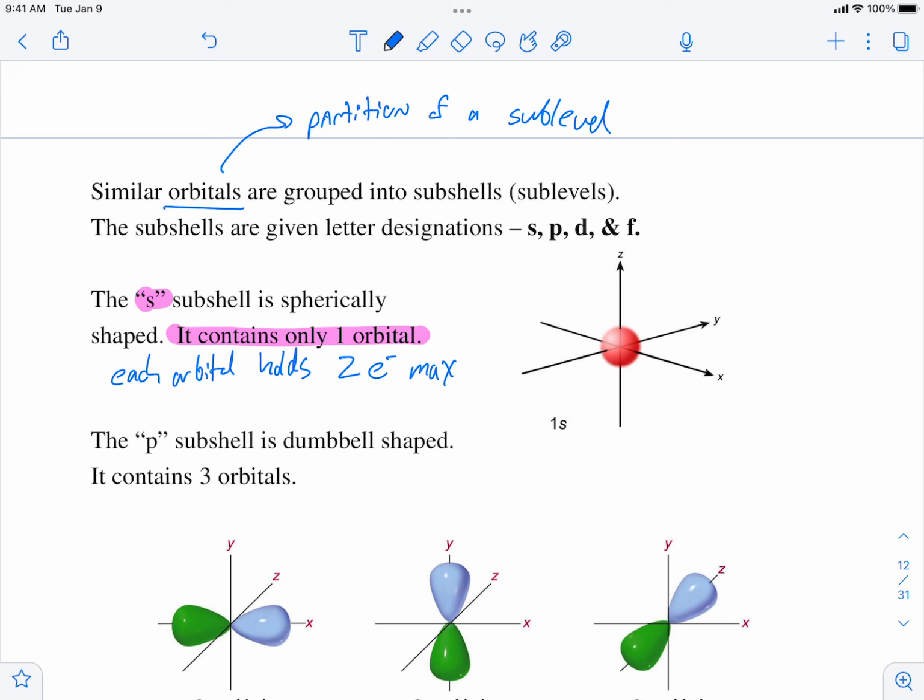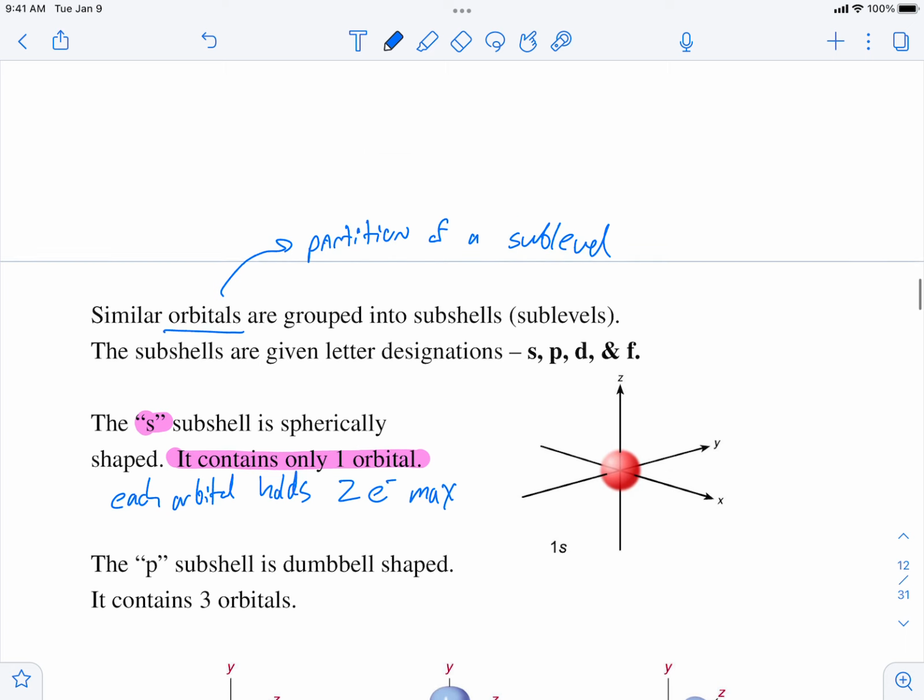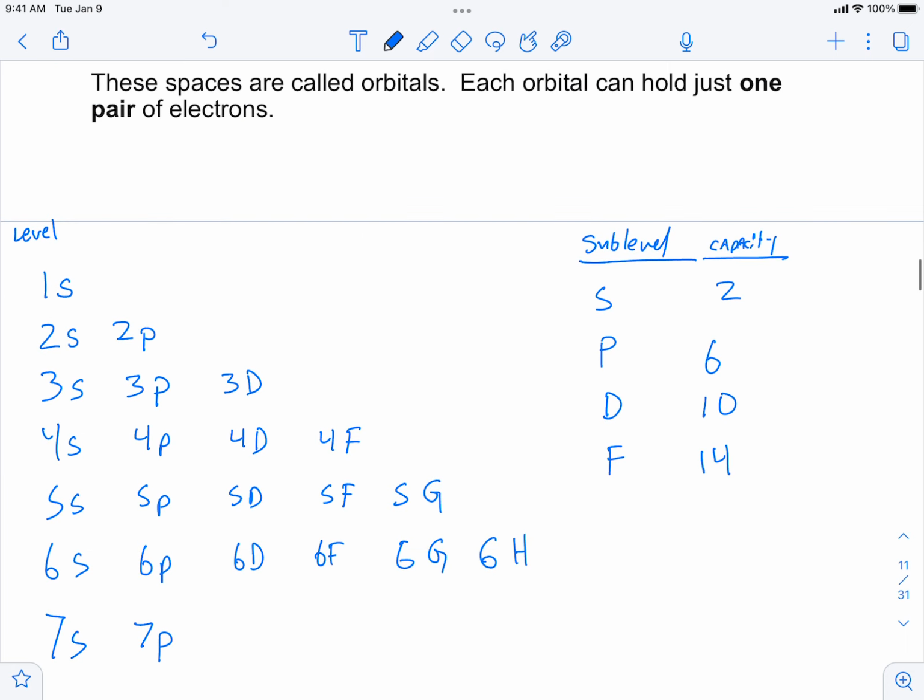So if we want to jump back to that little chart that we made up here, and we write number of orbitals, we can fill that in and say that S only has 1 orbital. Okay?